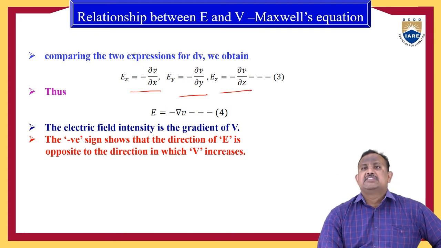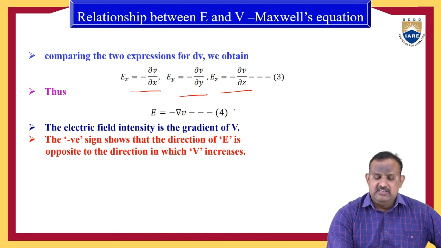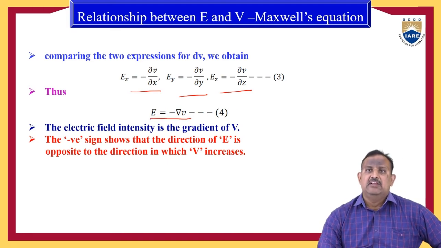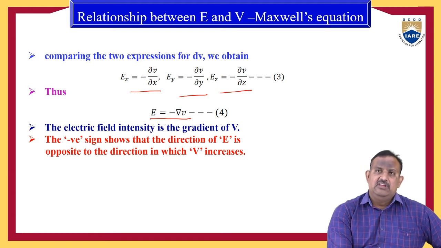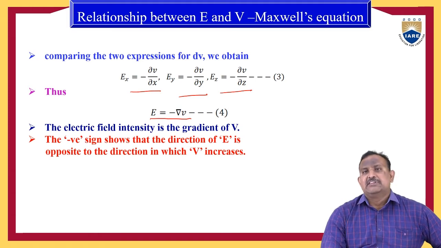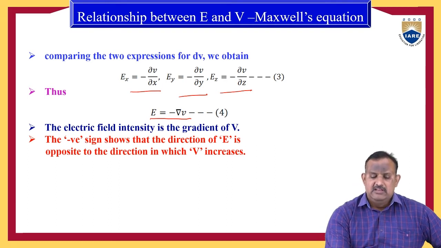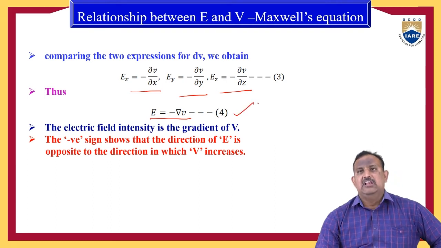Therefore, we can express the total field, decomposing E in the three-dimensional coordinate system into x, y, z components, or directly write E is equal to minus del V.